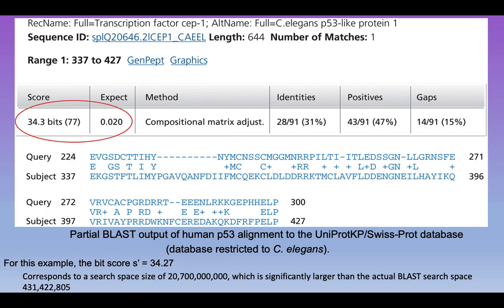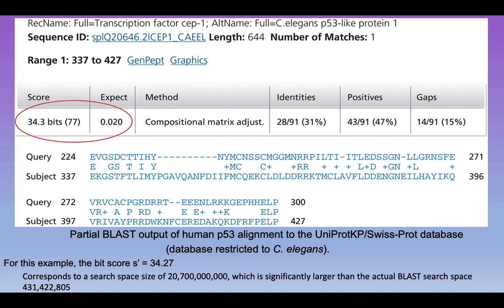So if we have a score of 3.27, which we have in this case, the corresponding search space is going to be about 2.7 trillion. And the actual search space in this case was a lot less than that. The actual search space for this search was about 431,000.